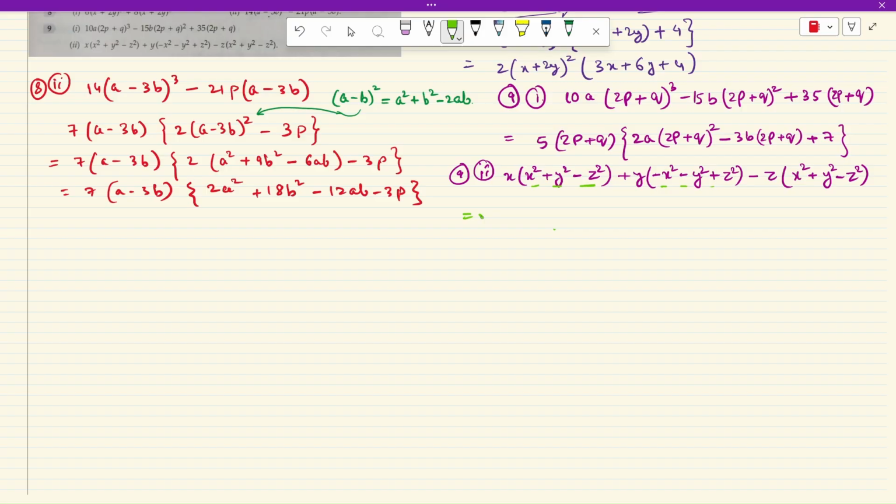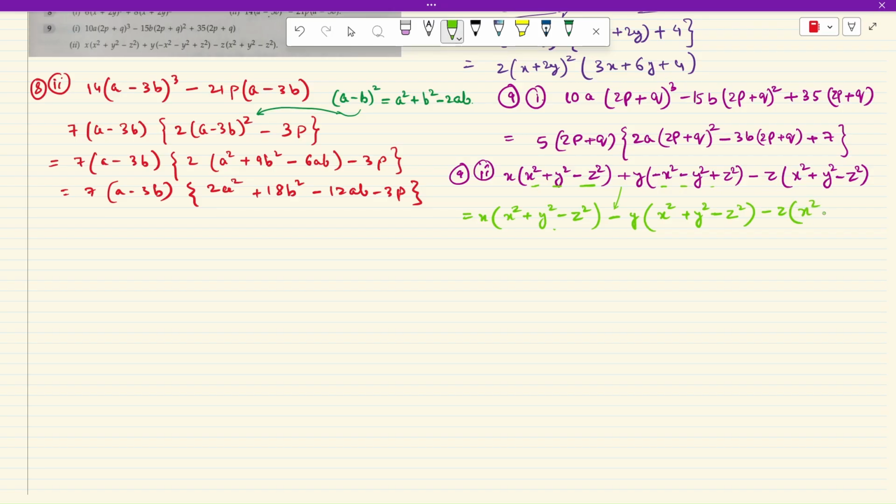So first step what we are going to do is that we will keep everything as it is, and from the second term I am going to take out the minus sign, so it's going to become minus y, and everything inside the bracket the sign changes. Whenever you take out minus sign outside the bracket, all the signs inside the bracket change.